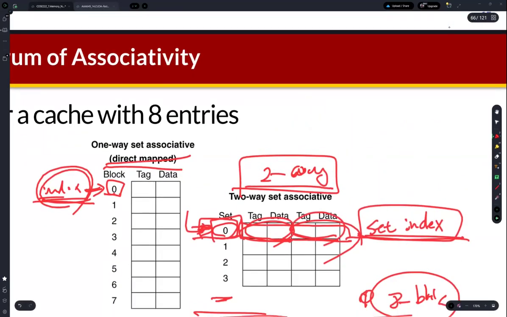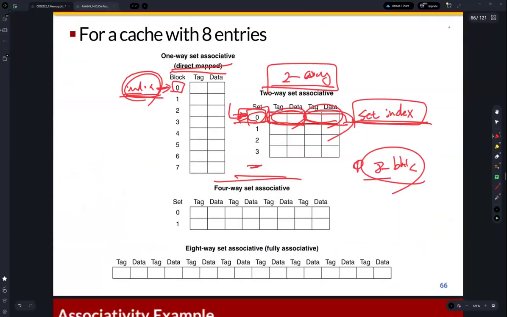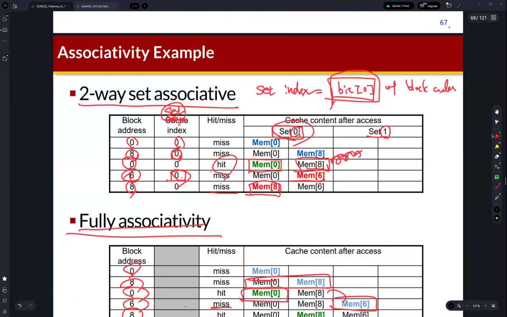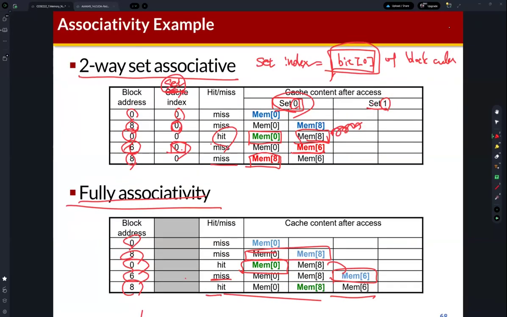Using this example, I showed that using the set associative cache, we may increase the hit rate of the cache.